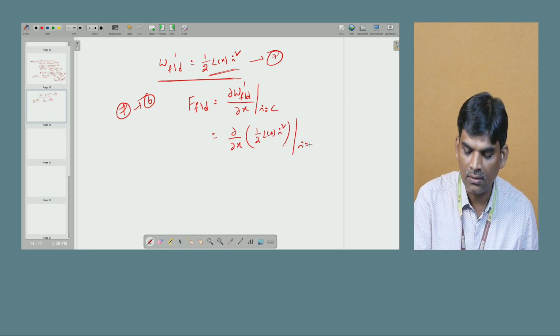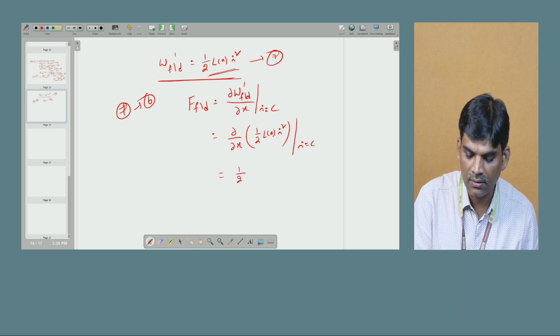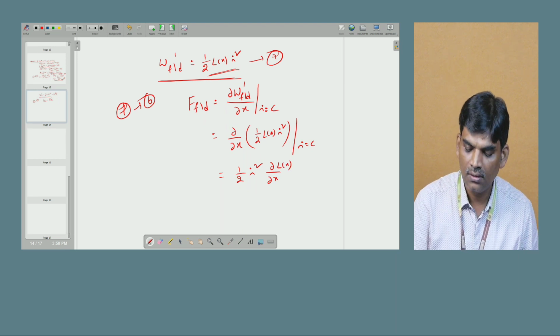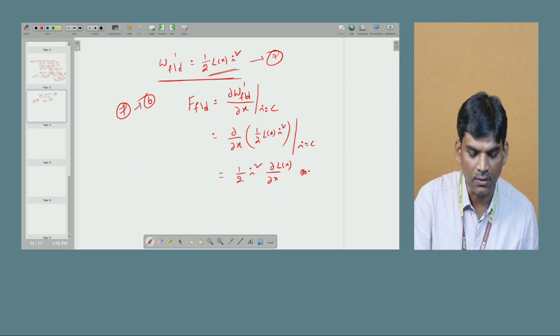Here i is constant, so i square is taken outside: half i square dou by dou x of L of x. The unit is joules per meter, that is newtons.